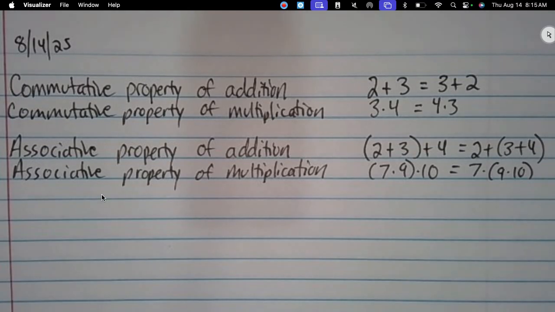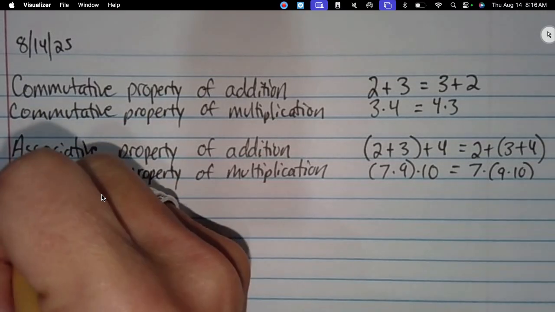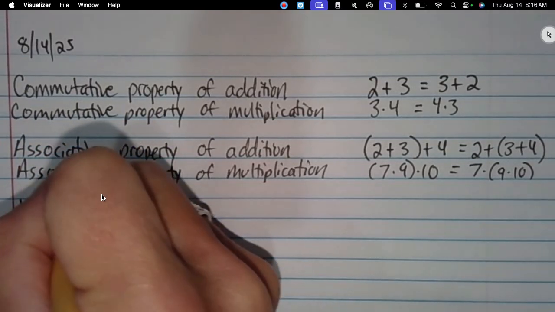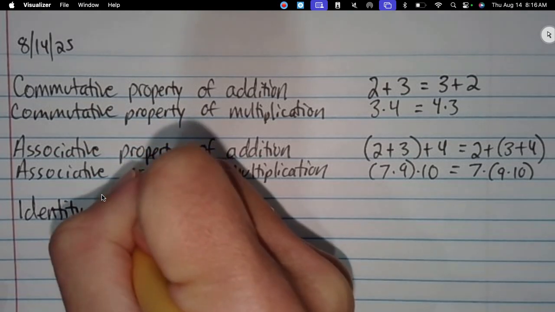I think we have 3 more today. 3 more properties. We'll add some more in a few days, maybe like 1 or 2 more. What is this one? Identity property. This next one is identity property.